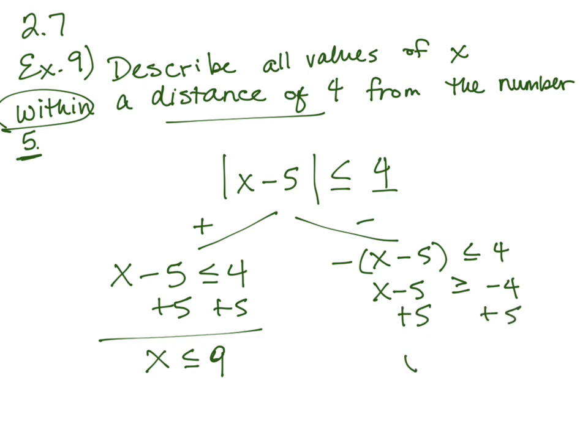Negative 4 and 5 make 1. No surprise. We thought x had to be between 1 and 9. And on the number line, you would see that x goes from 1 to 9, and it includes both numbers, and x is going to be everything in between. Those are all of the numbers that are within 4 away from 5.